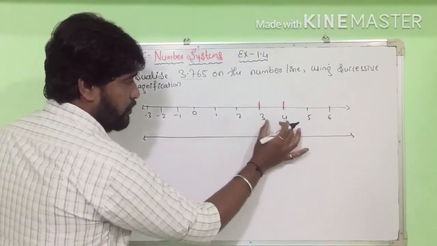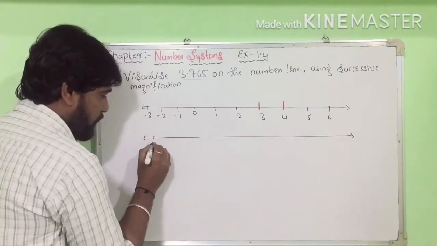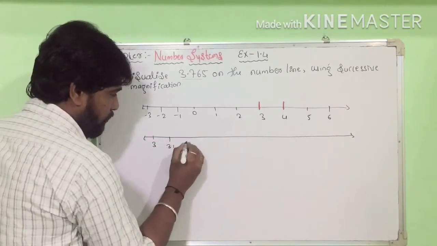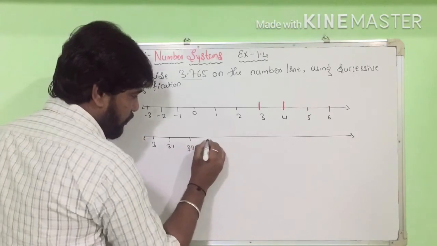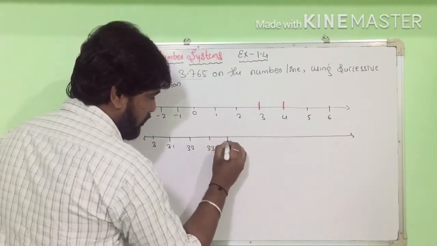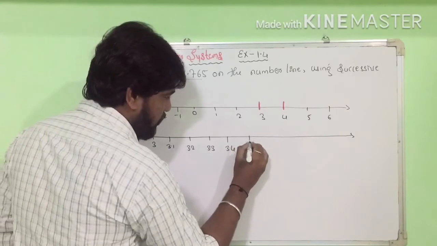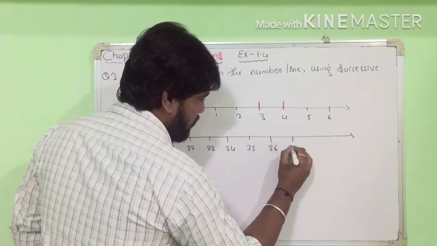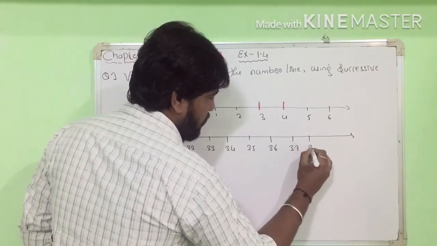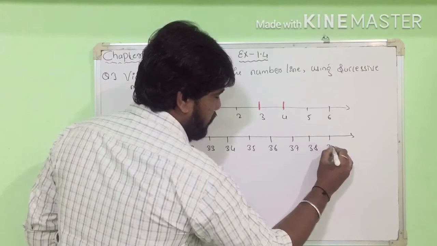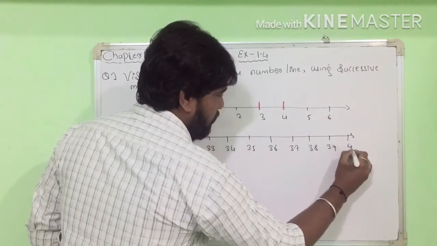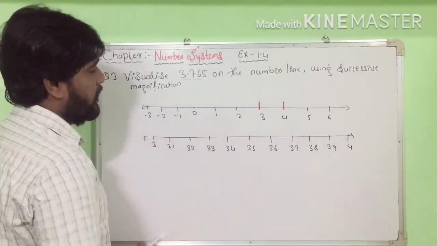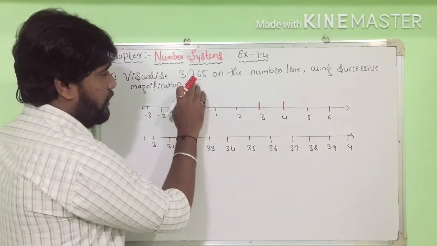So here we have 3, 3.1, 3.2, 3.3, 3.4, 3.5, 3.6, 3.7, 3.8, 3.9, 4. Is it clear?